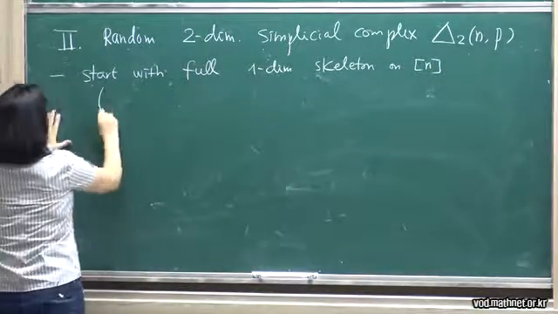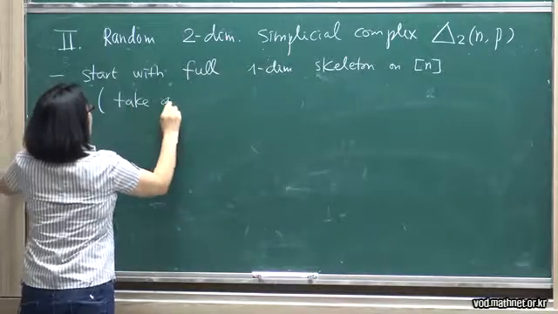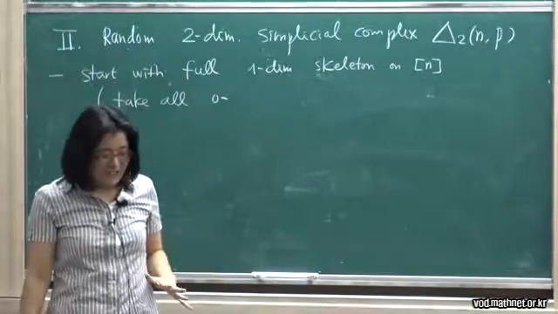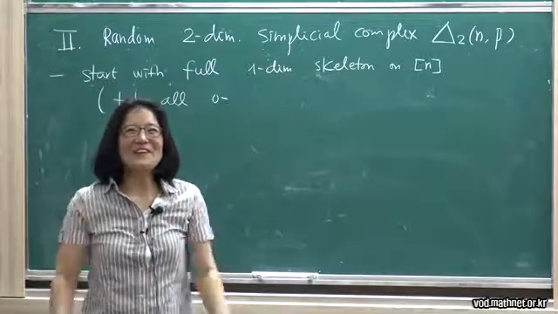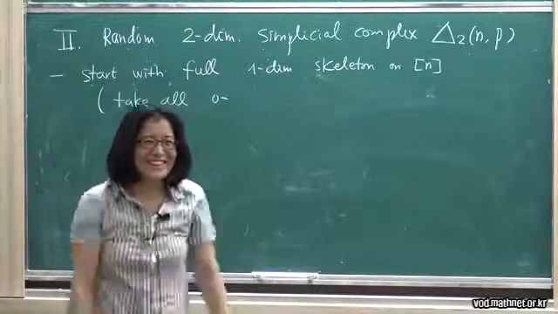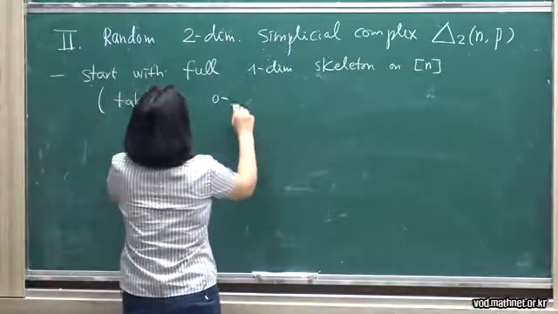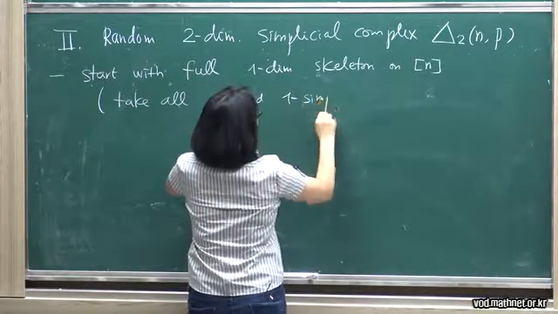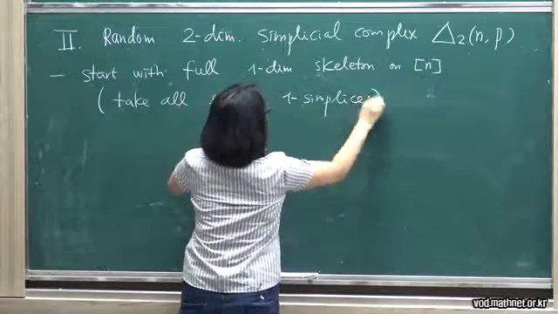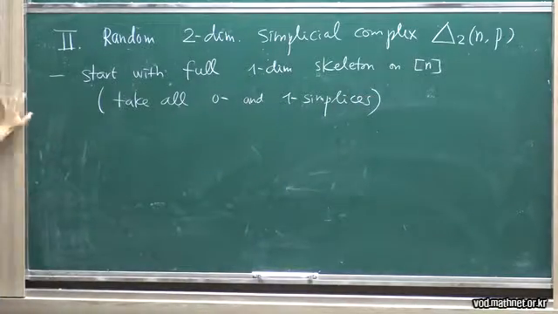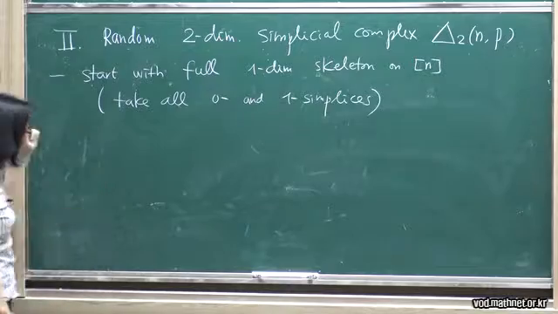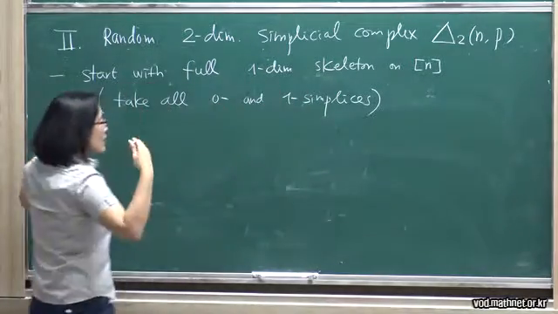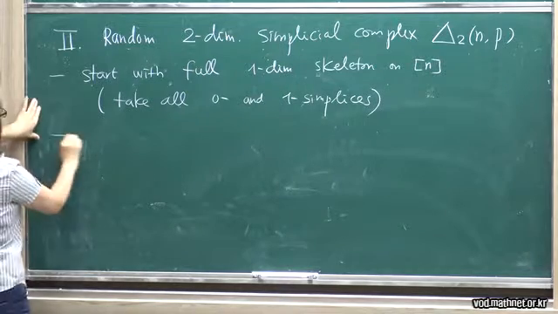What it means is, in other words, take all 0 and 1 simplices. There are people who are experts in algebraic topology and geometry, so if you have a question, you ask Andreas. As I said, I will define all these terminologies because I had to refresh myself as well.